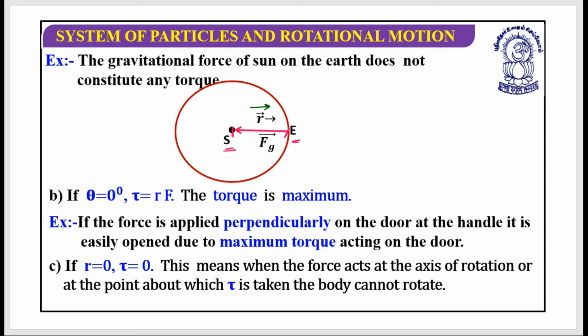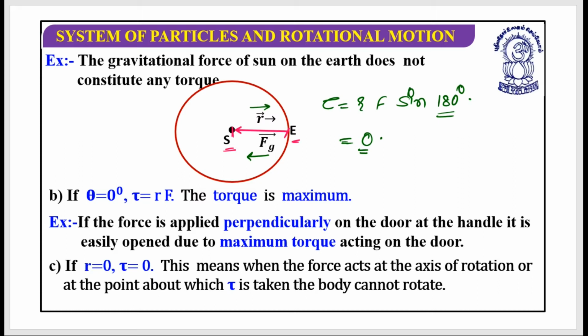Both are related to each other by an angle theta equal to 180 degrees. So torque equals r F sine 180 degrees, and sine 180 produces 0, so the torque equals 0.